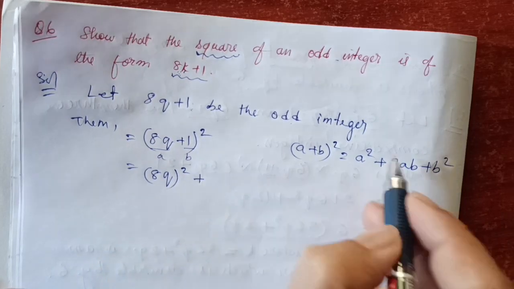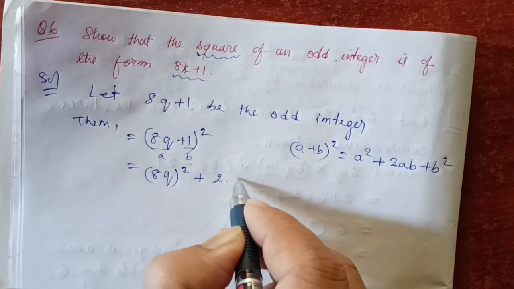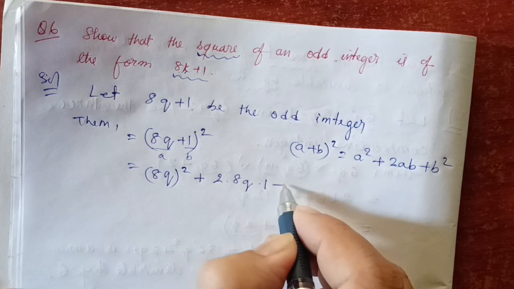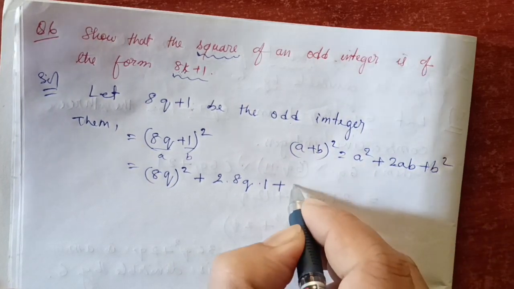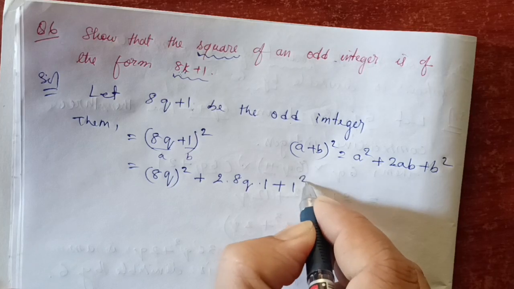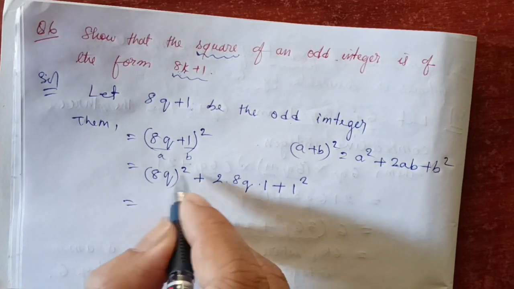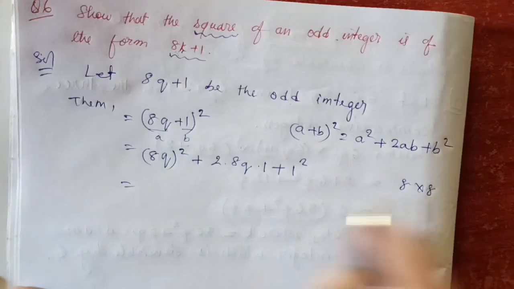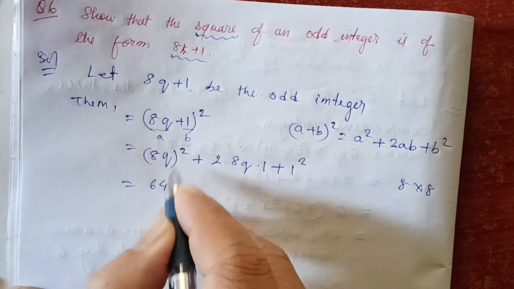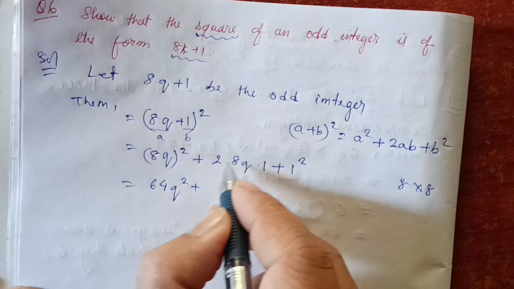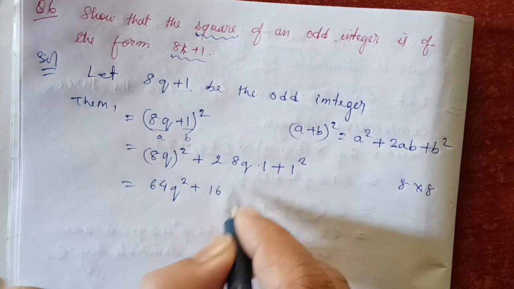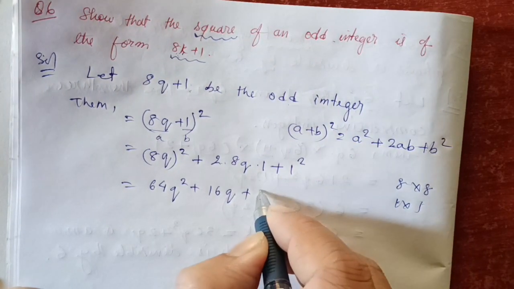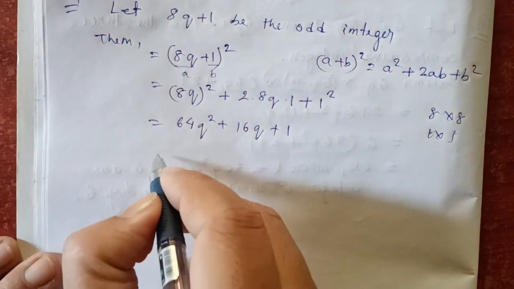So a square plus twice ab plus b square. So our b is 1, so 1 square. You know the 8 square. What is 8 square? 8 square means 8 into 8. So 8 8s are how much? 64. q square is q square. 8 2s are 16. We have q. You know that 1 square is 1. 1 square means 1 into 1. 1 into 1 is still 1. Alright. Okay.